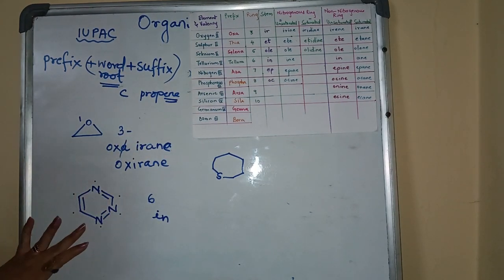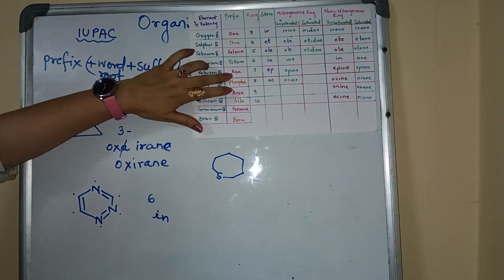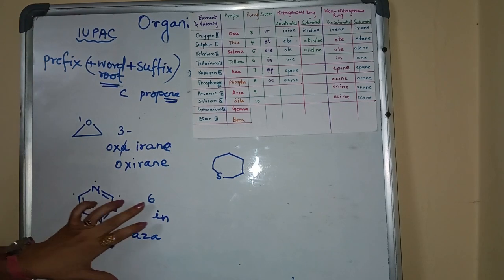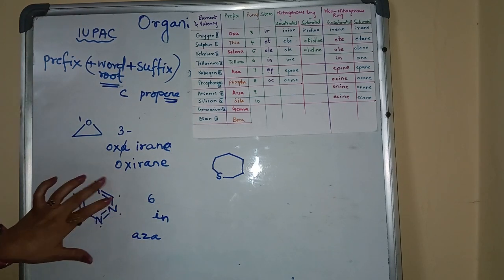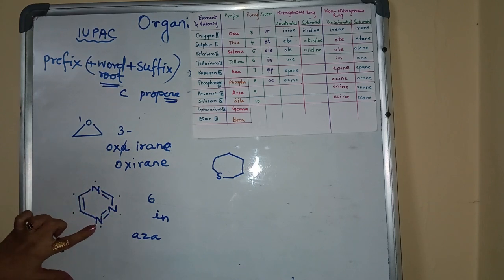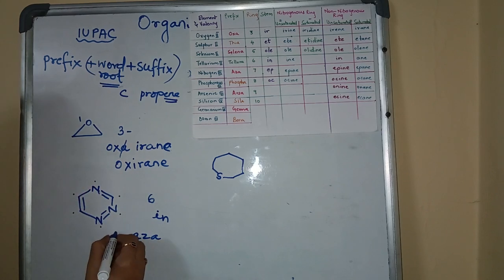It is a 6-membered ring which contains nitrogen. Nitrogen, the prefix is aza. Next, it is containing 3 nitrogens. 3 nitrogen means it is 1, 2: 2 means dia, 3 means tria. So it is triaza.